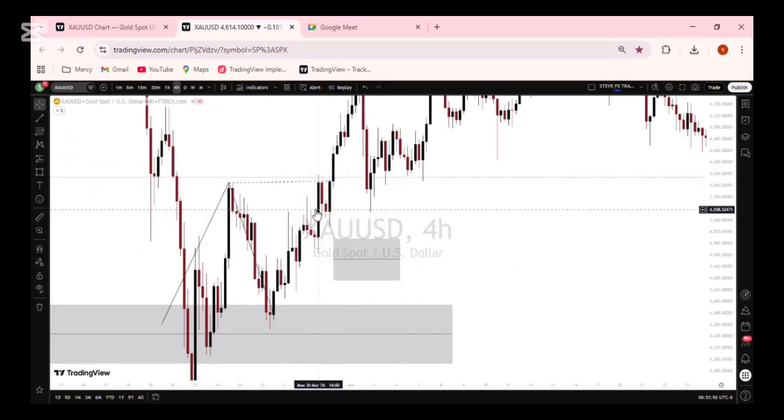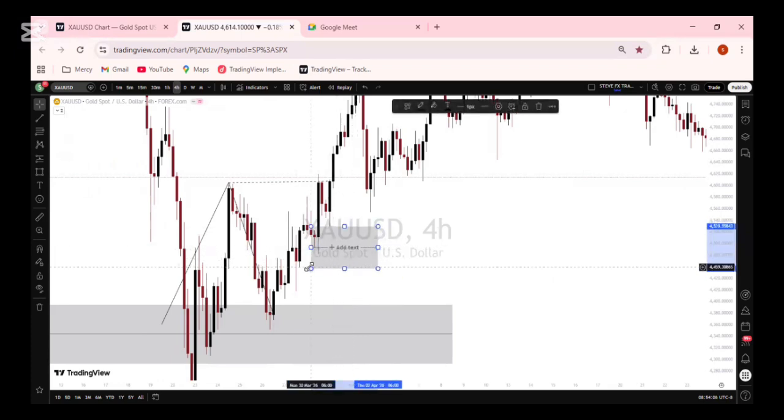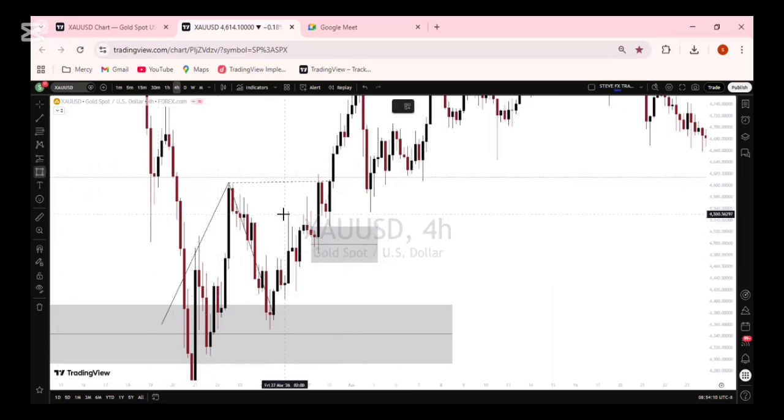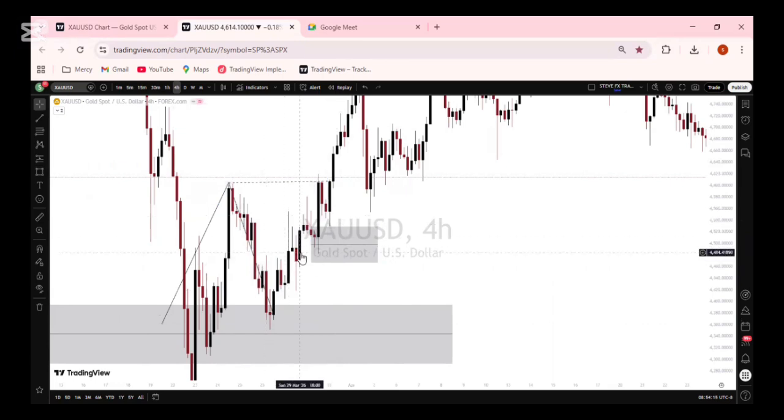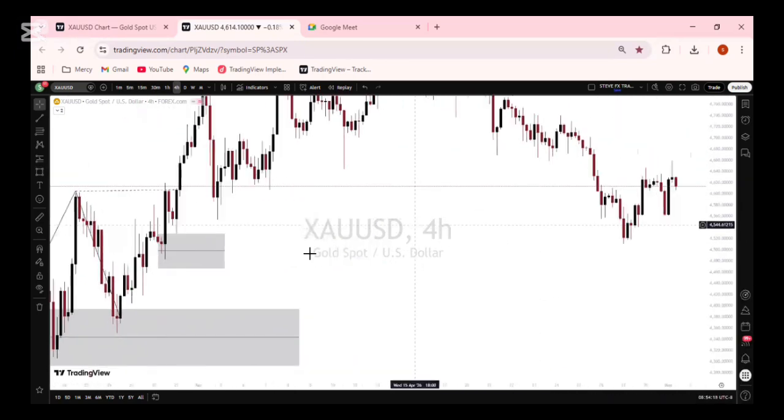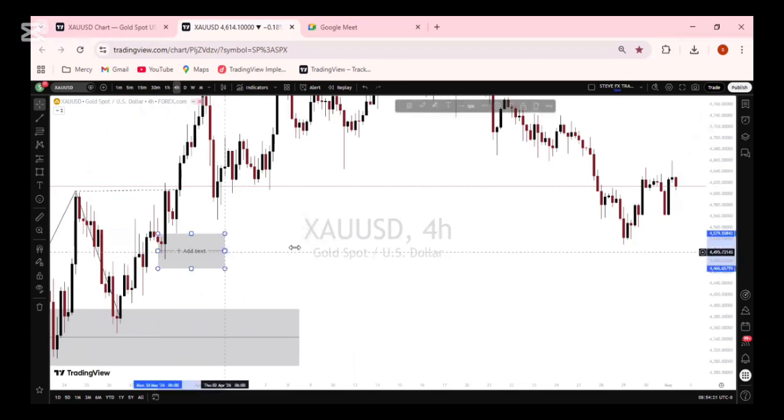Over here, we are seeing several impulsive moves. This is the last one that caused an impulsive move. The entire range over here is what we call the order flow, but it's too big for you to consider for a trade.